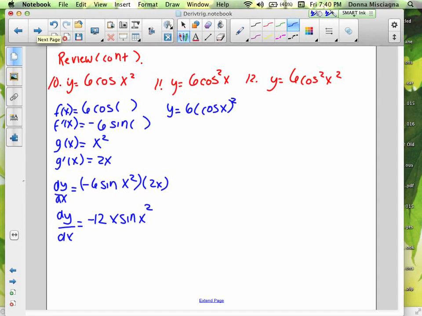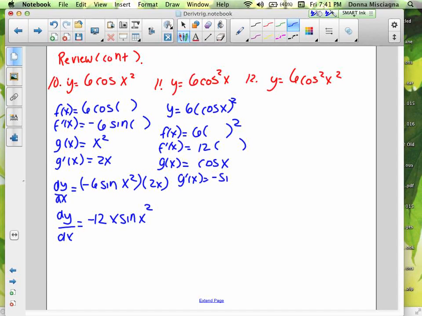Our outside function is 6 blop squared, and our inside function is going to be the cosine x. Derivative of the outside, we'll just multiply the 6 and the 2 together and get 12 blop. And the derivative of cosine x is negative sine x.